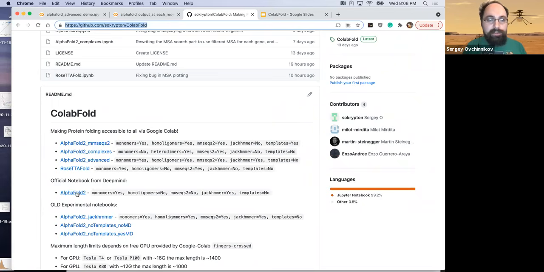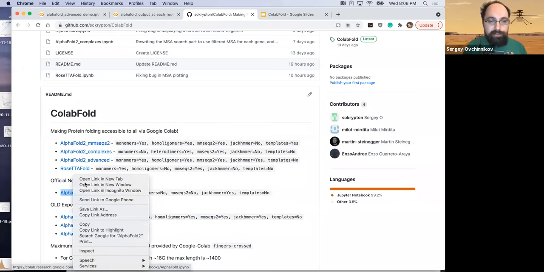This method is really slow. I mean, it's not super slow, it takes maybe 20 to 30 minutes to make the alignment, so you could hit run and get coffee and come back. But if you're impatient, or if you want more sequences, it turns out MMseqs can sometimes find more sequences. So this is just the method from AlphaFold.